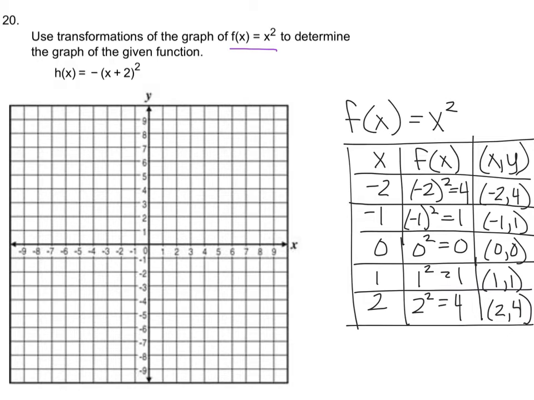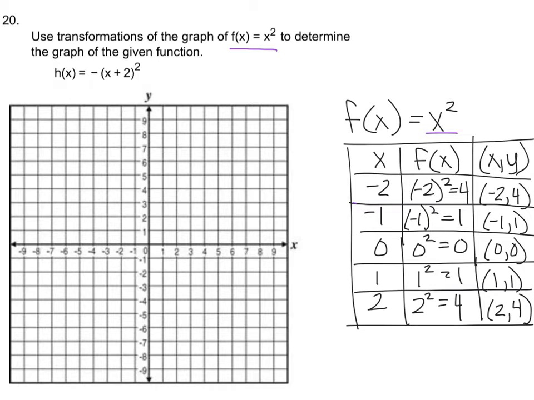I just took values for x, which are negative 2, negative 1, 0, 1, and 2, and plugged them in for x in the equation f of x equals x squared, and then I found my y coordinate. So I got these 5 ordered pairs: (negative 2, 4), (negative 1, 1), (0, 0), (1, 1), and (2, 4).